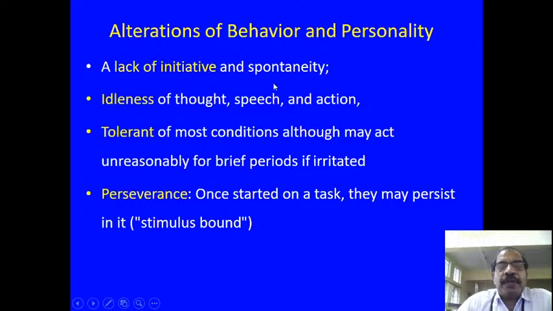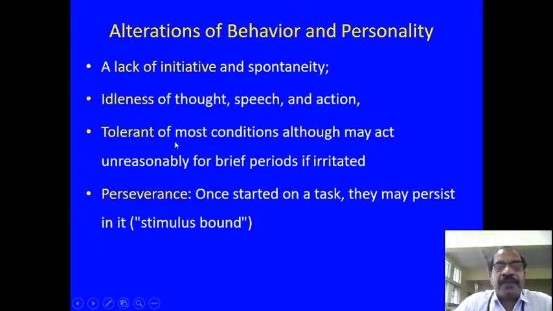Initiation will be abnormal, spontaneity will be abnormal, and whatever the person thinks about some work to be done or not, there will be a poverty of thoughts. He will have very few ideas about how to do, or what to do and what not to do. And even if something is done by that person, the action will be superficial only. He will not be doing deep thinking about the action to be taken for a particular work.